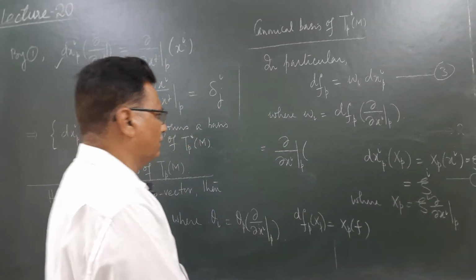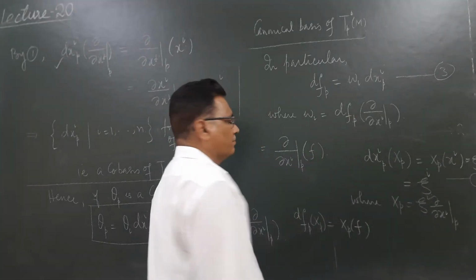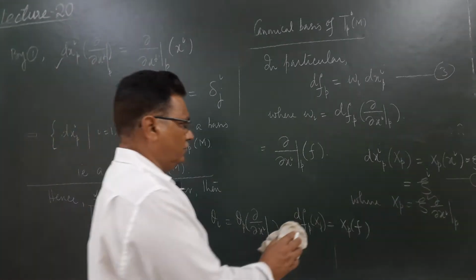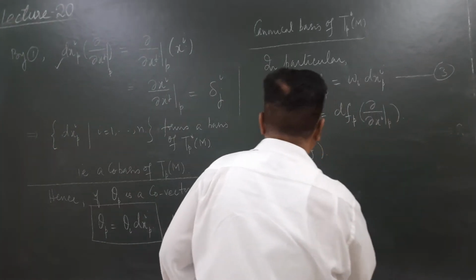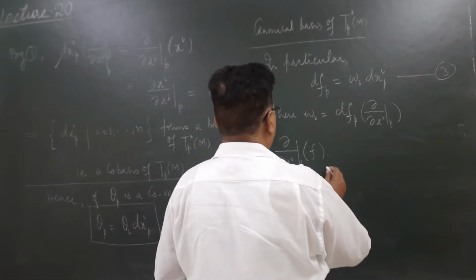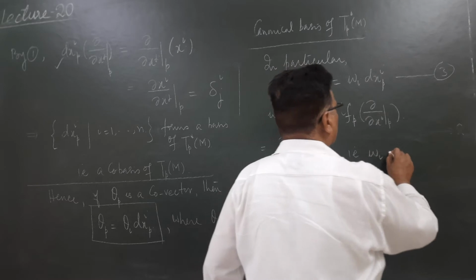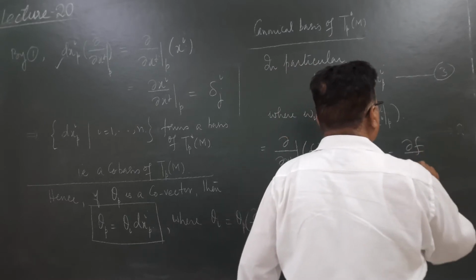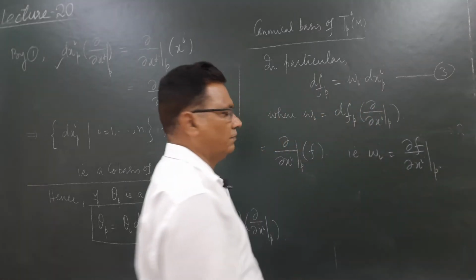So use this. So f, what is this? f. So you have got it. This implies that omega i is equal to del f upon del xi at p.